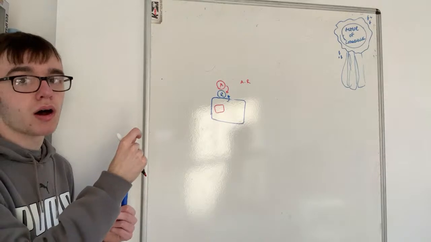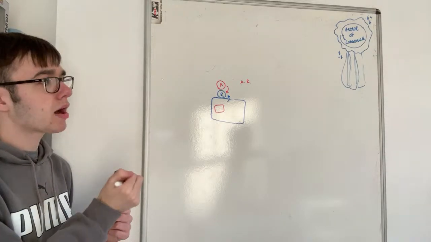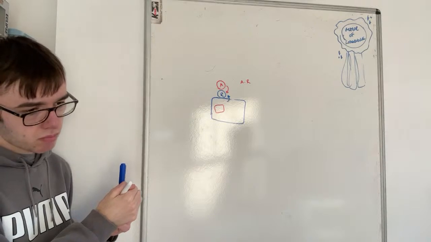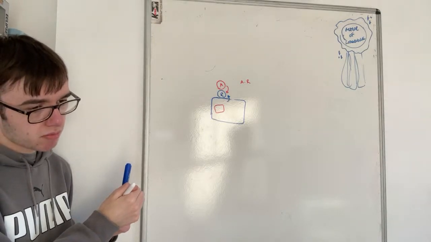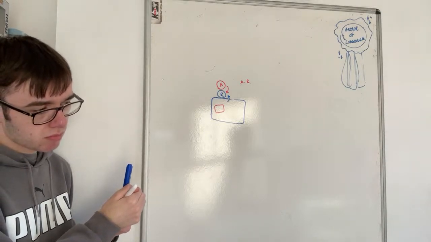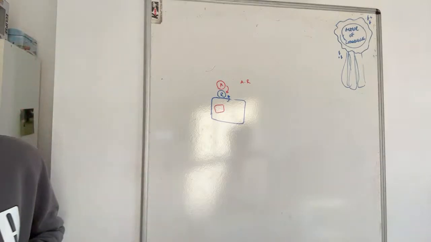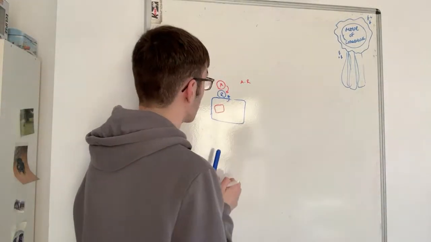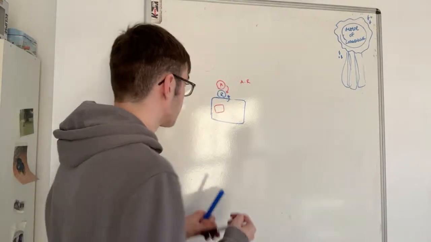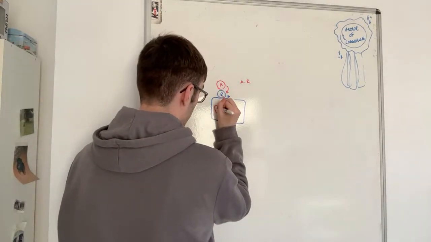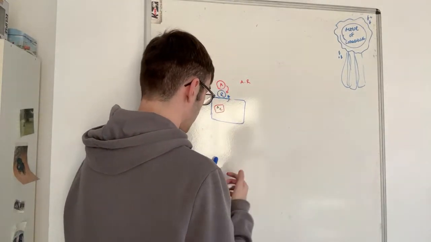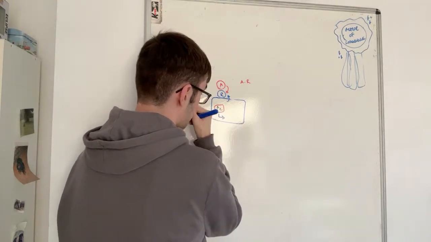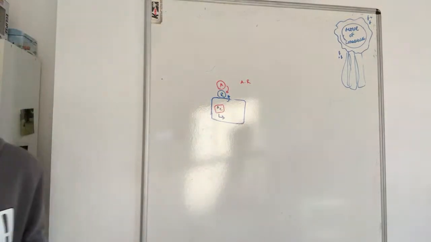What's it called? I'm gonna have to cheat. Adenyl cyclase. Okay, I was on the wrong idea there. I'm just gonna put AC. Adenyl cyclase causes, what does it do?